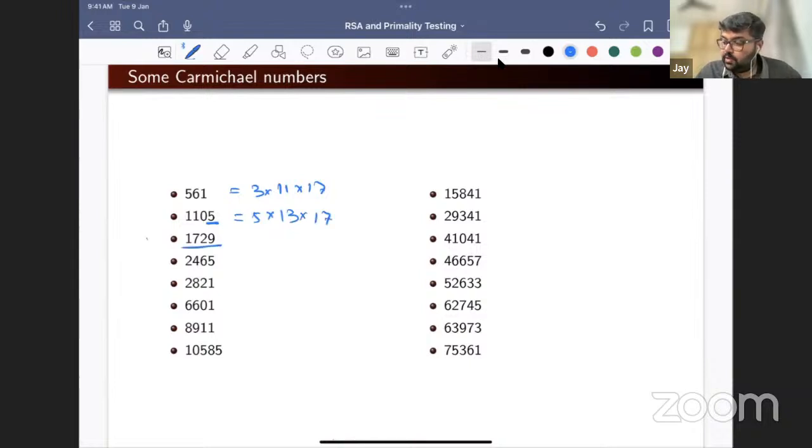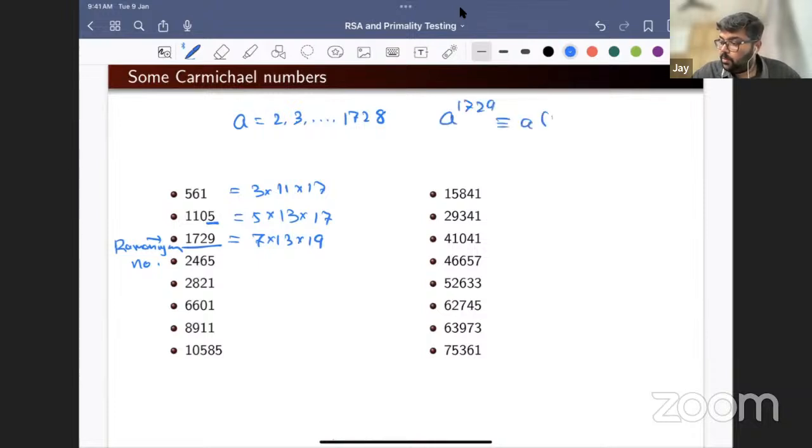We know this is Ramanujan's number, the taxicab number. That means for a equals 2, 3 up to 1728, we have a^1729 congruent to a modulo 1729.